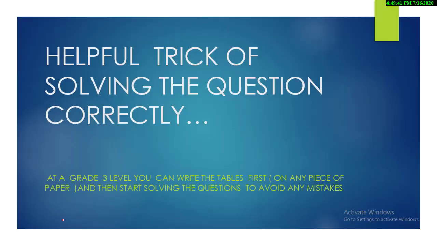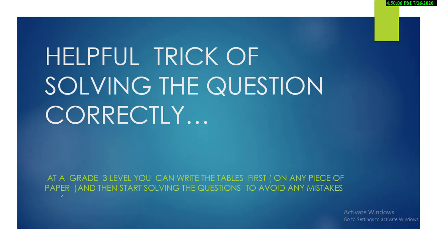Okay, I just want to mention a very helpful trick for solving the questions correctly. In case of matching and direct question answers, I would like to tell you again: at grade 3 level, you can write down the tables first on any piece of paper, because I know that a few of my students have learned the tables with the writing trick. You are not emphasizing the learning.